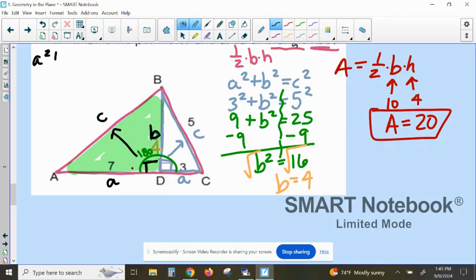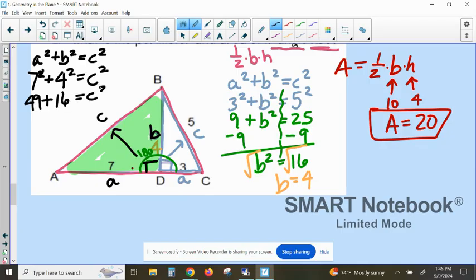A squared plus B squared equals C squared. So we have what? 7 squared plus 4 squared. I go so far? 49 plus 16.